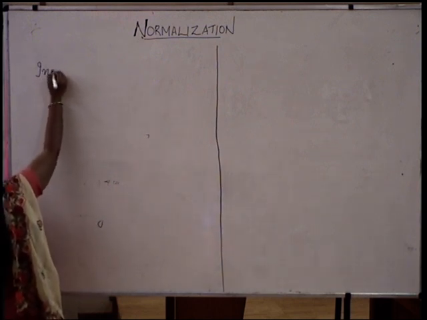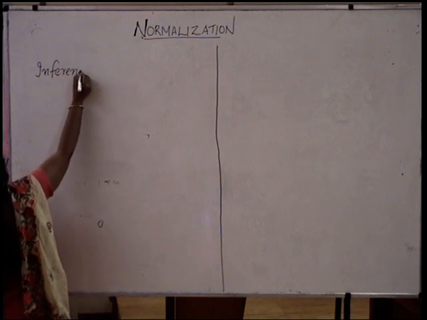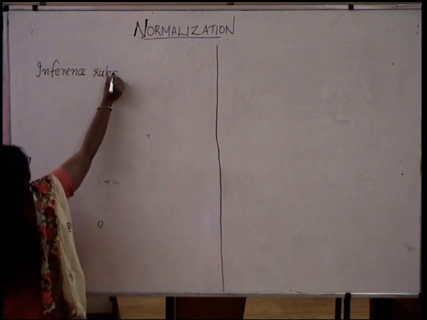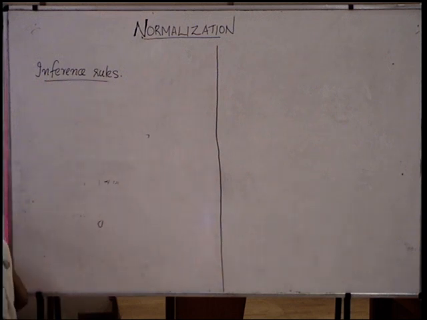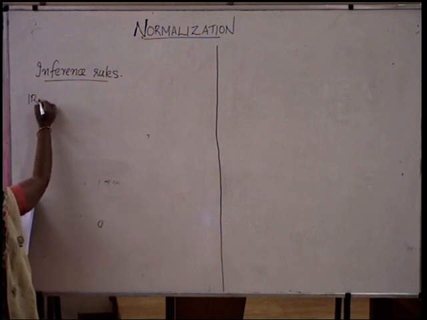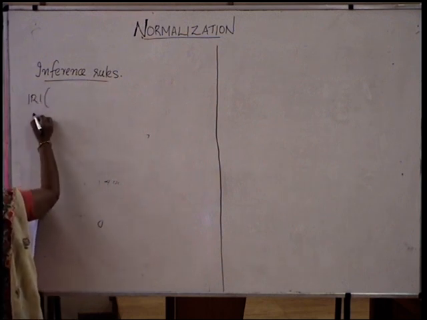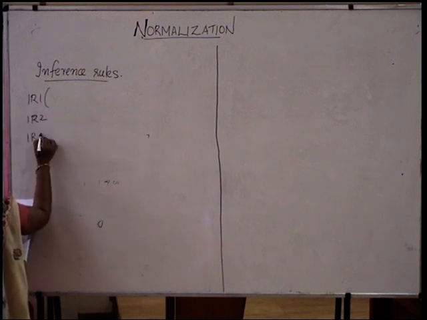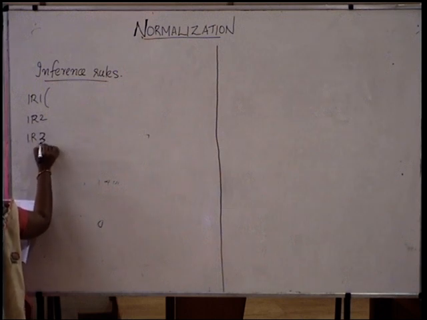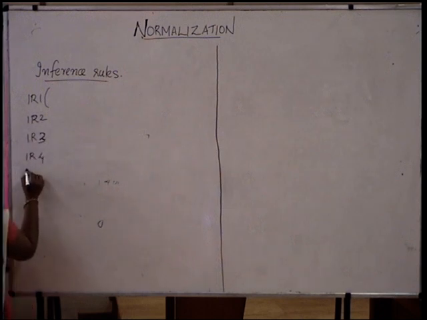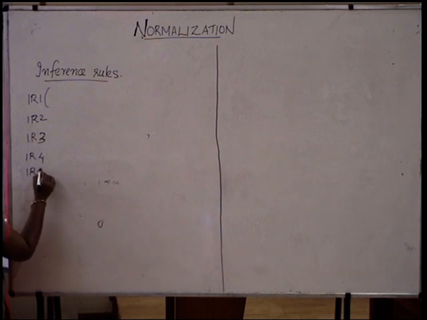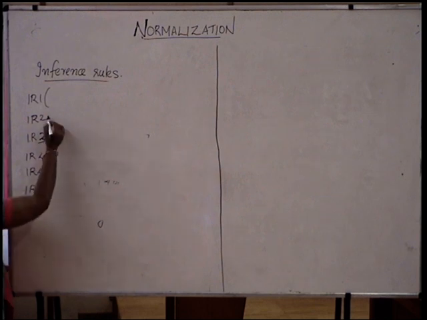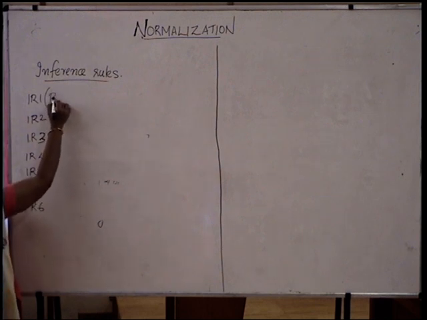Next is inference rules. Inference rules are IR1 to IR6. IR1 is reflexive rule.